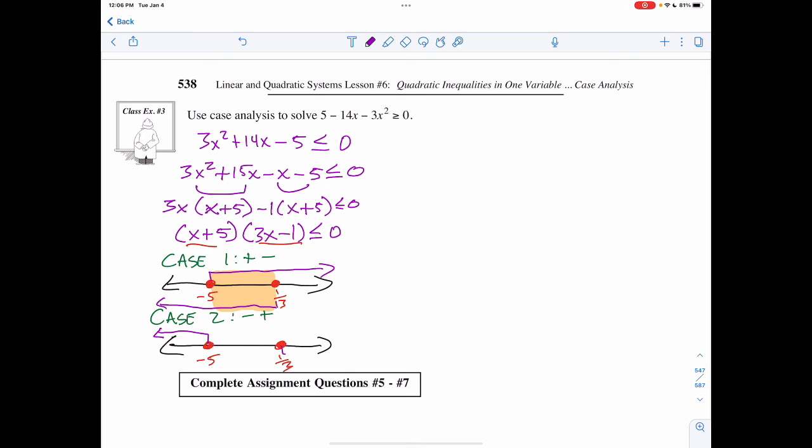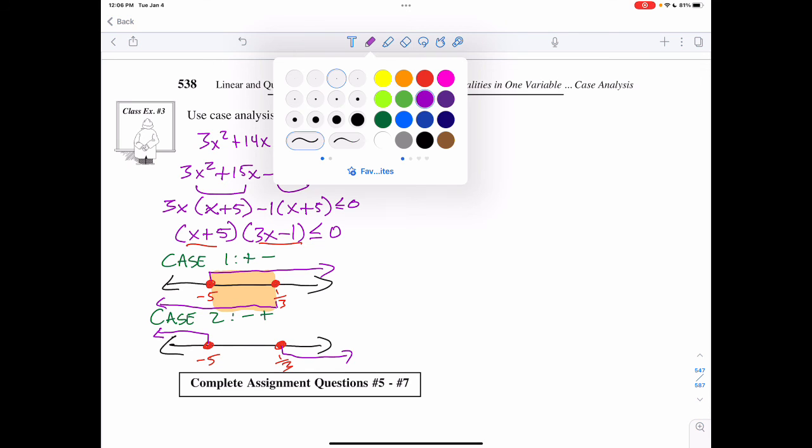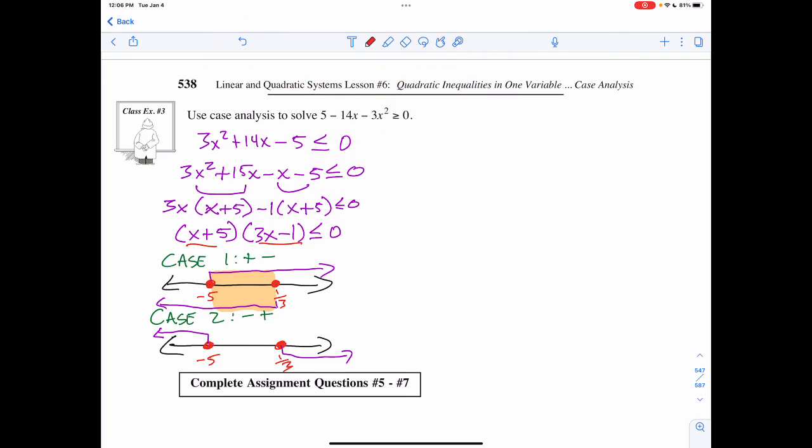My bigger one is positive, so it is increasing. And there is no overlap that exists in here, which means that my solution is only where there's overlap. The solution is when -5 is less than or equal to x, which is less than or equal to 1/3.